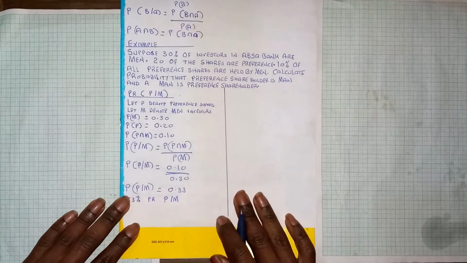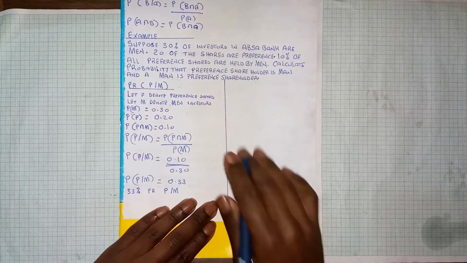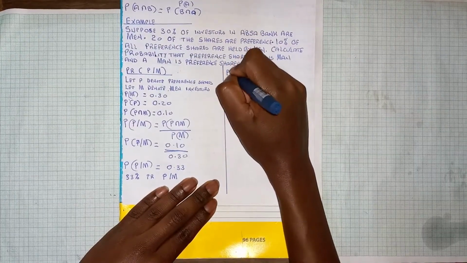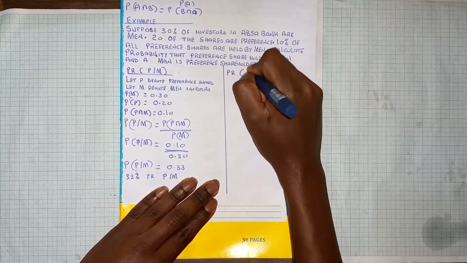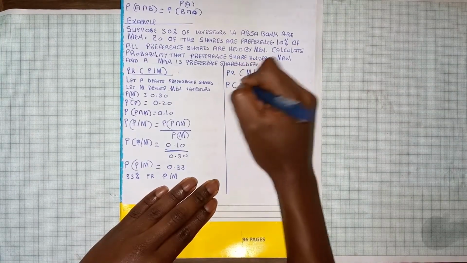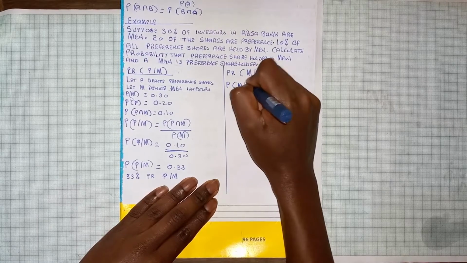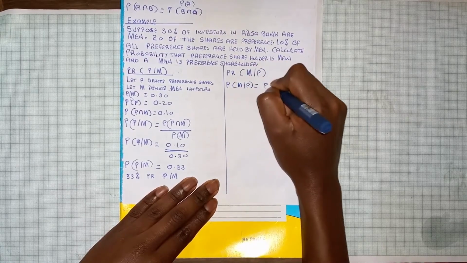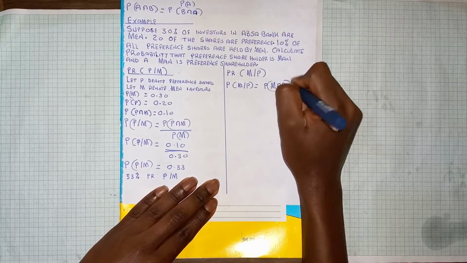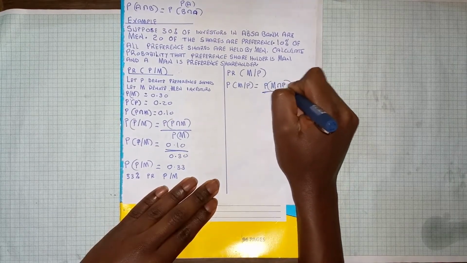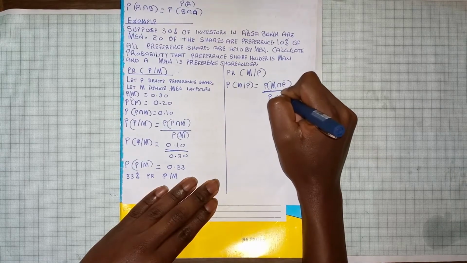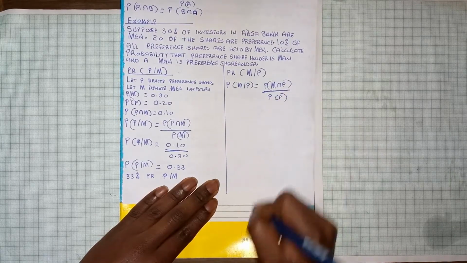We can also solve for the probability that a man is a preference shareholder. The probability that a man is a preference shareholder is equal to the probability of M intersection P, constrained by the probability of having preference shares.